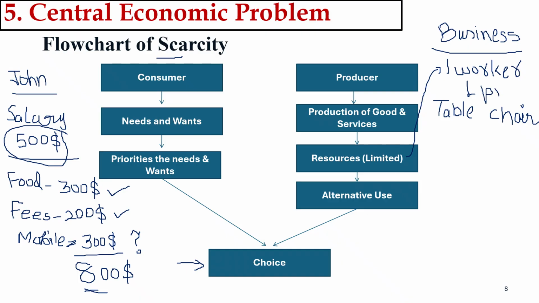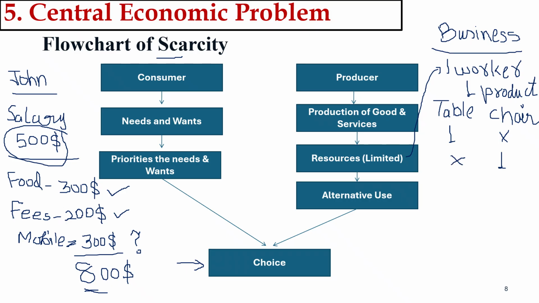He can make only one product in one day. And the worker available is only one. So if one worker is making one table, can he make chair? No, he cannot make. If he is making one chair, the company cannot make table.